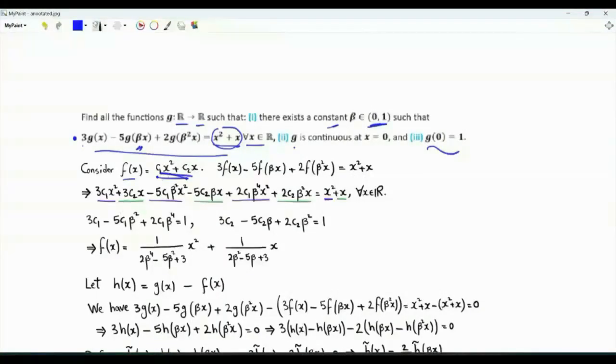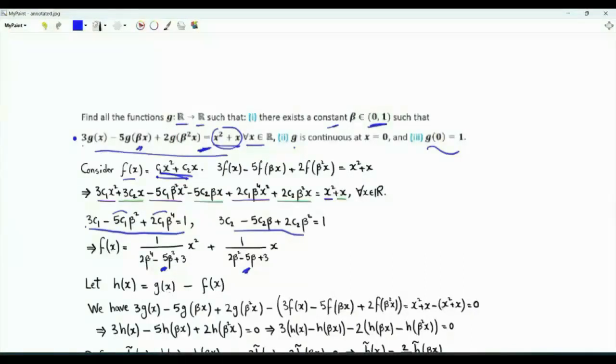Using this for f of x, equating the coefficients of x on both sides and x² on both sides, we get this equation for c1. So c1 is 1 over 2β⁴ minus 5β² plus 3. We also get this equation for c2, which is equal to 1 over 2β² minus 5β plus 3. Function f with this c1 and that c2 satisfies this condition that is also satisfied by function g.